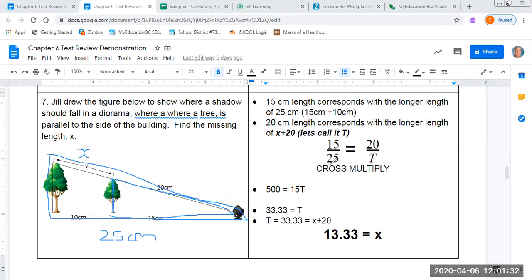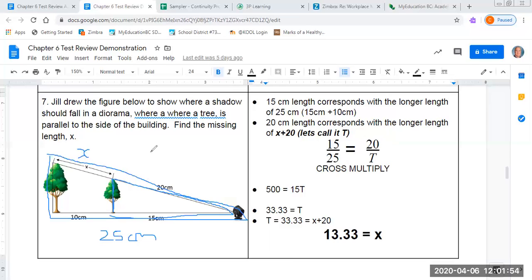Basically, if we look at this, the 25 here is the corresponding side length to 15. That's why I wrote this as 15 over 25. And then likewise, the other part of this smaller triangle is 20 here. So we have this 20 up here.